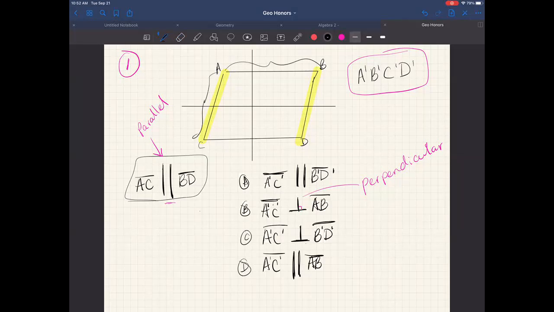Wait, but how? What? How can it be? Which is the option? Which is the correct answer? Which one of those is true? You guys can put it in the chat. Don't say it out loud. Put it in the chat. Once you think it through and write it out and figure it out, put it in the chat.